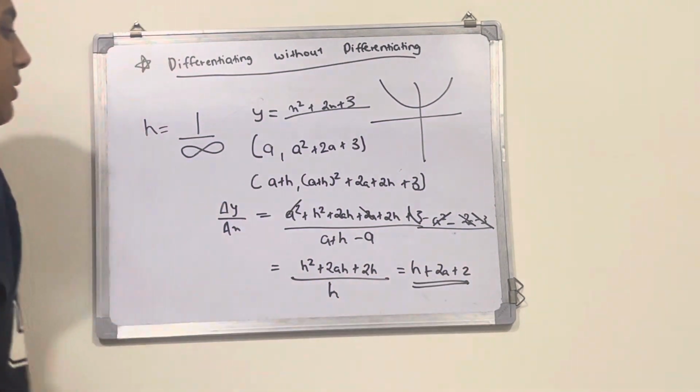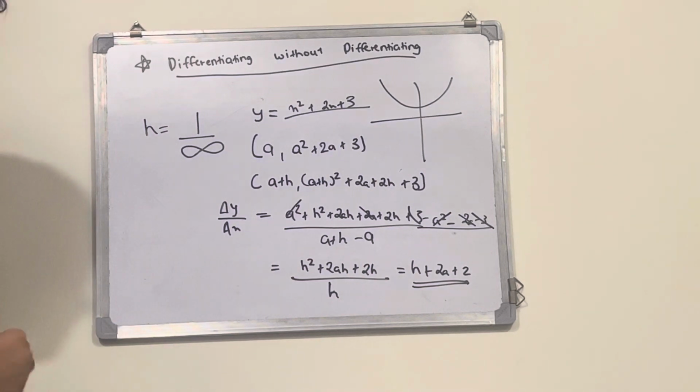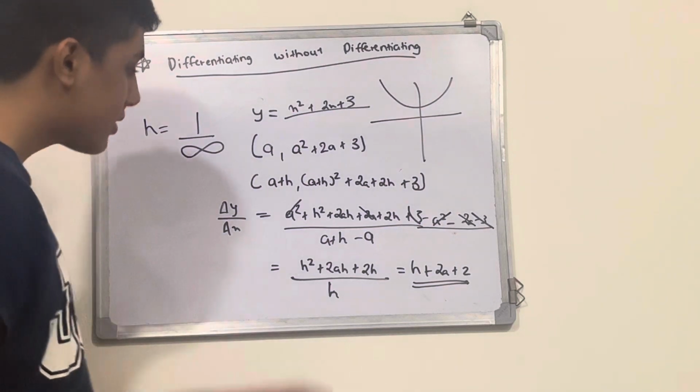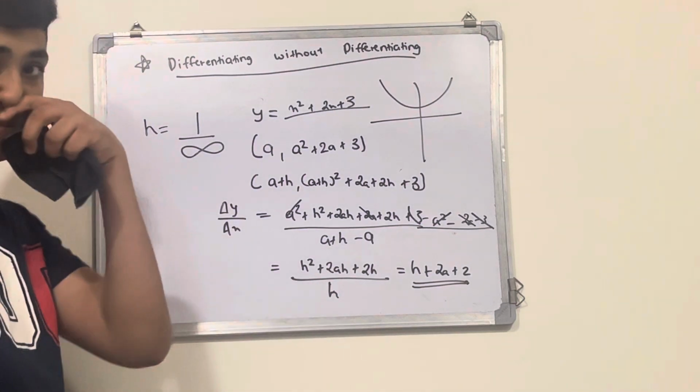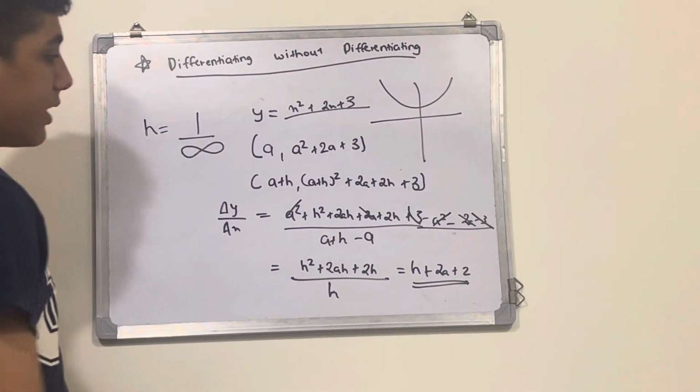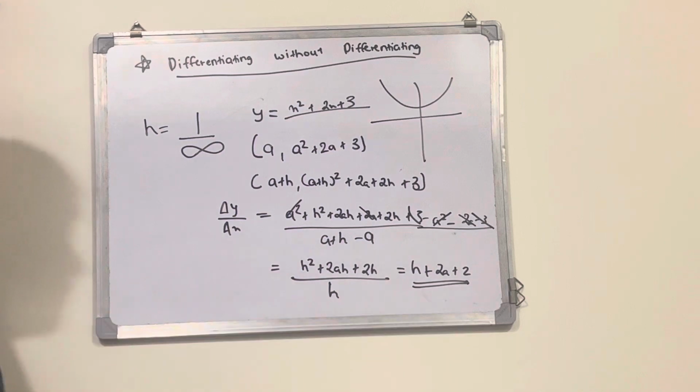This over here is my differential. Now you're going to say, you're dividing by 0, h is basically 0. I'll say no. h is 1 over infinity. You can divide by 1 over infinity, but you can't divide by 0. So this is still plausible.